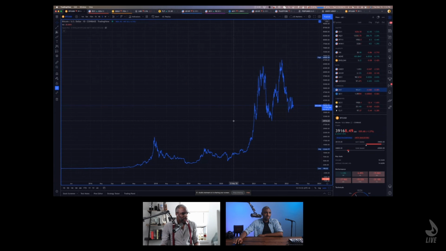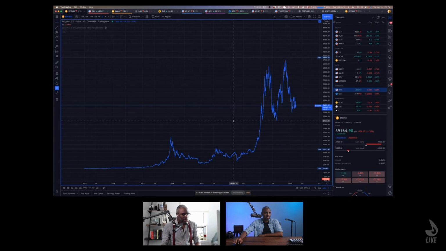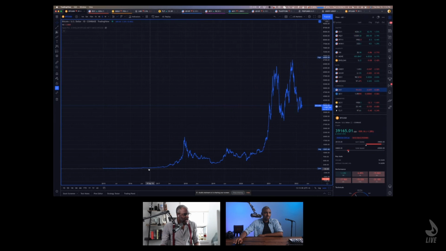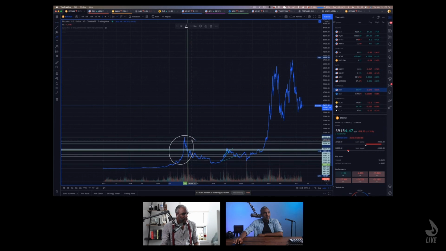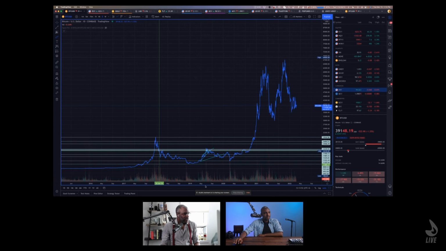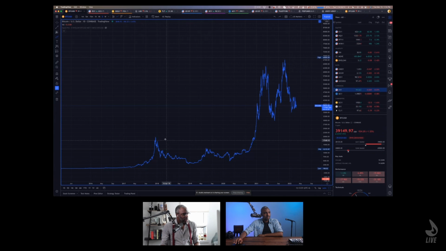So this is the Bitcoin chart if it's just regular, right? Bitcoin went from a couple of hundred dollars to 20,000 here in 2018. So this first big hump is when we all heard about Bitcoin.